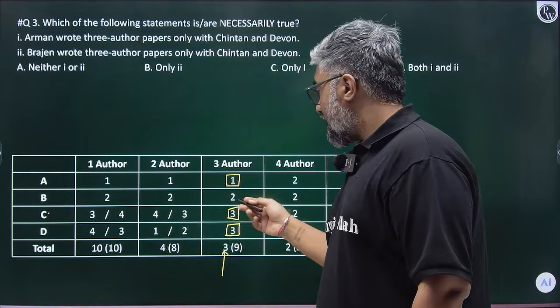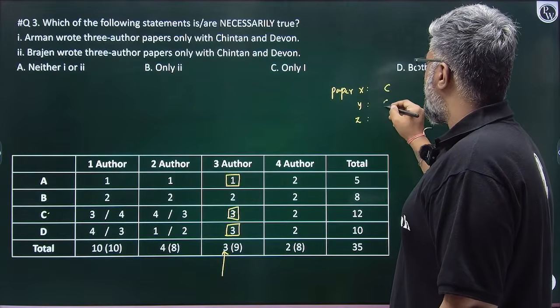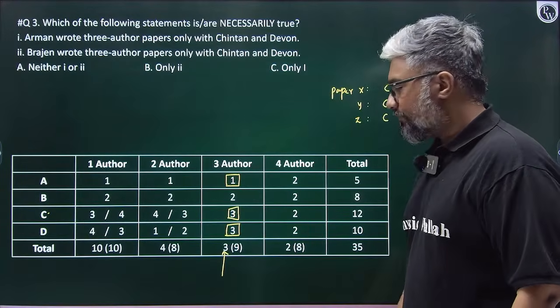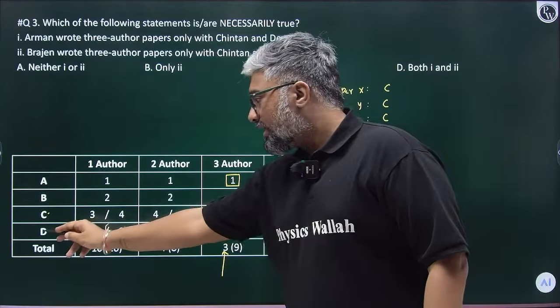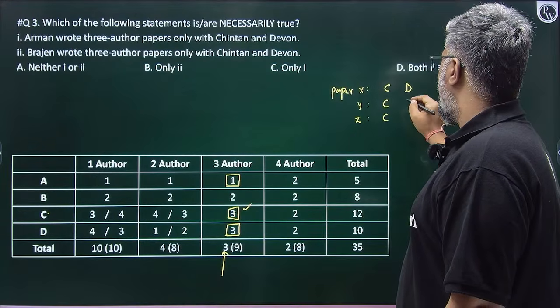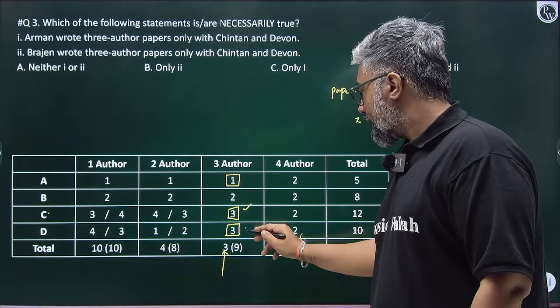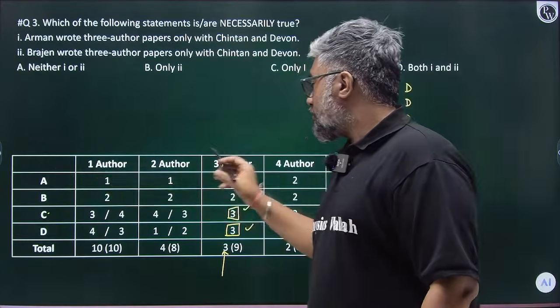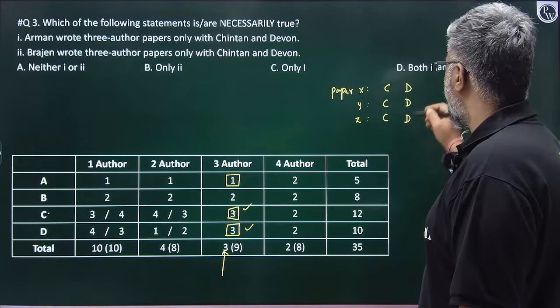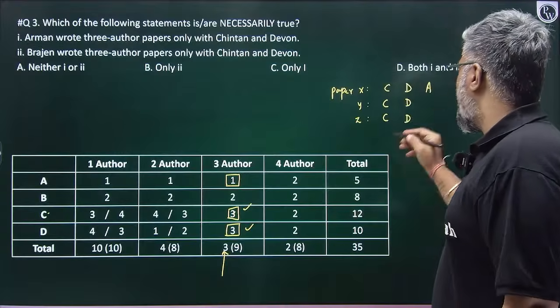C is contributing in all 3 of them. D is also contributing in all 3 of them. A is contributing in one of them. B is contributing in 2 of them.